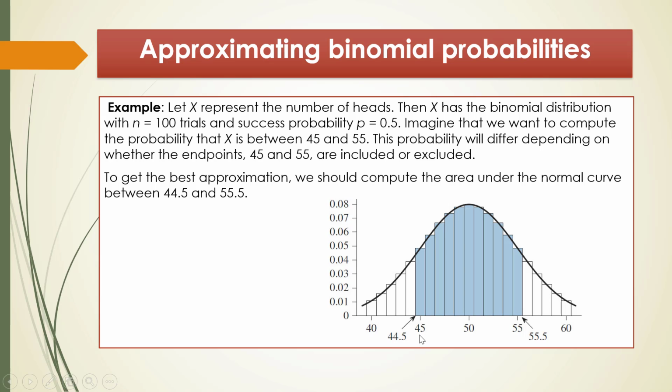So we subtract 0.5 from 45 and we add 0.5 to 55. So the new interval is from 44.5 to 55.5. The new interval covers the old interval. So usually by continuity correction, the new interval should cover the old interval.